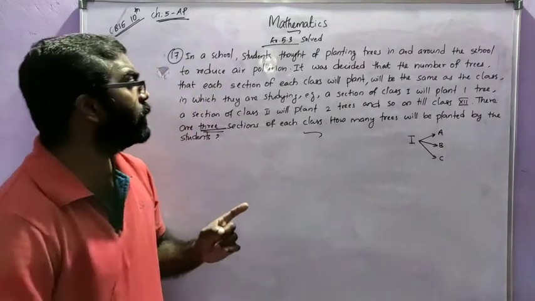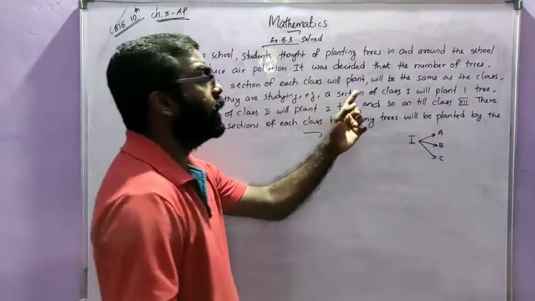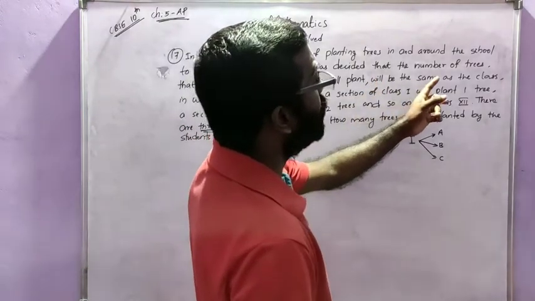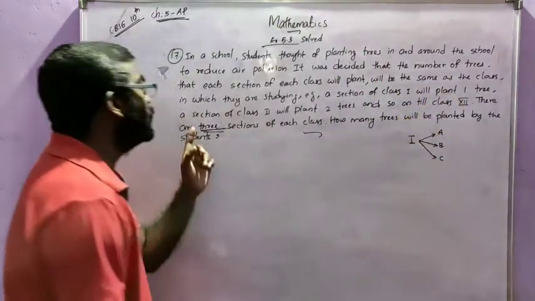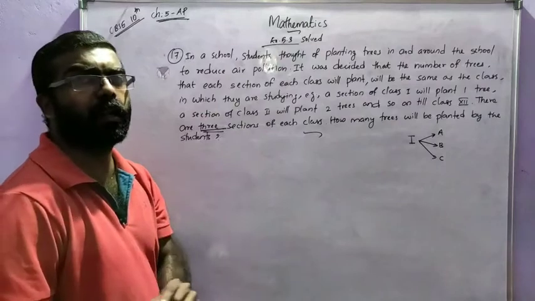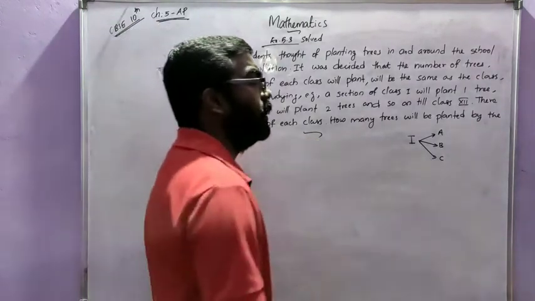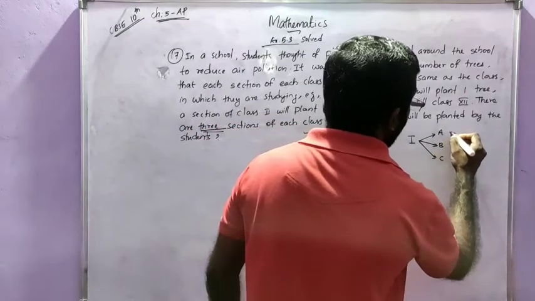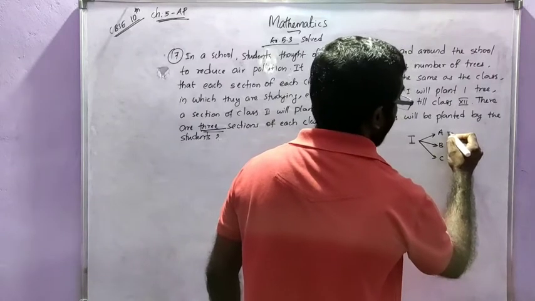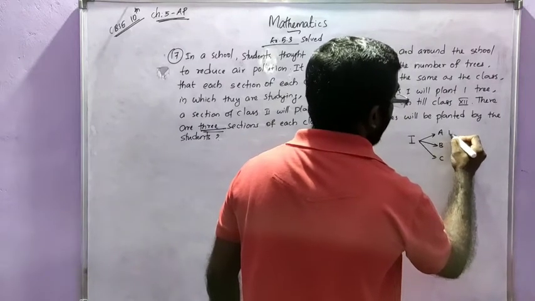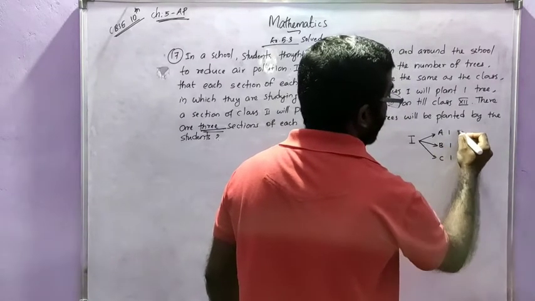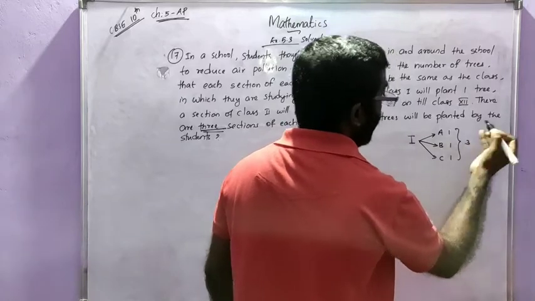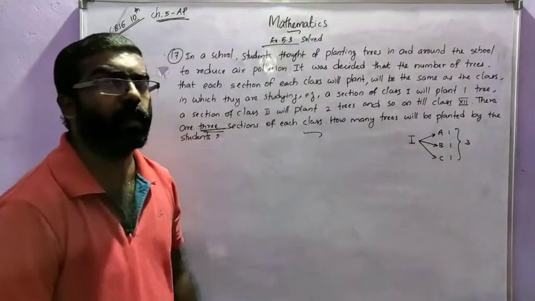Only 1 tree. That means the number of trees is the same as the class in which they are studying. So for the first standard, he or she has to plant 1 tree. So 1, 1, 1. So total 3 trees.